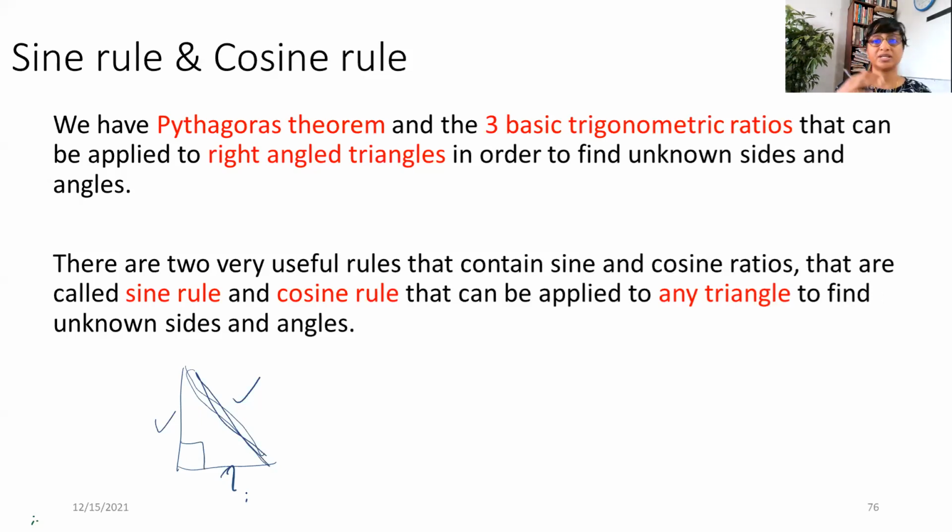And also by using the trigonometric ratio, sine, cos, tan, if you know two sides, you can find the angles. So just with Pythagoras theorem and the trigonometric ratios, if you know any two pieces of information of a right angle triangle, you can find all the rest.